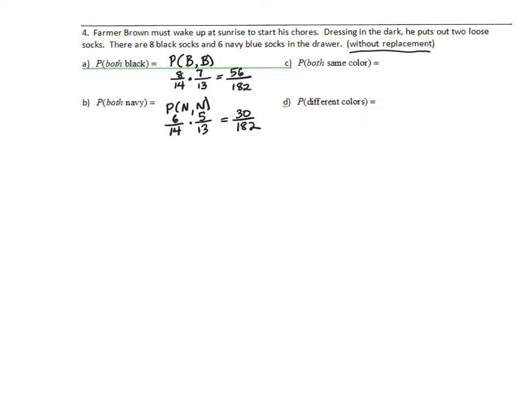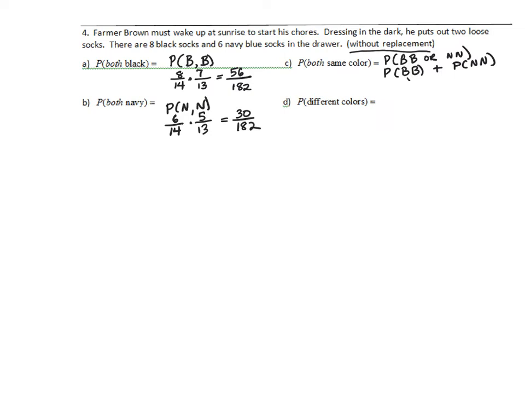Now, this is what we're interested in. What's the probability that both are the same color? Here, what Farmer Brown is interested in is to get both black or both navy. But again, we add these probabilities. We have an OR situation. Either one would be a matching pair and he's happy.